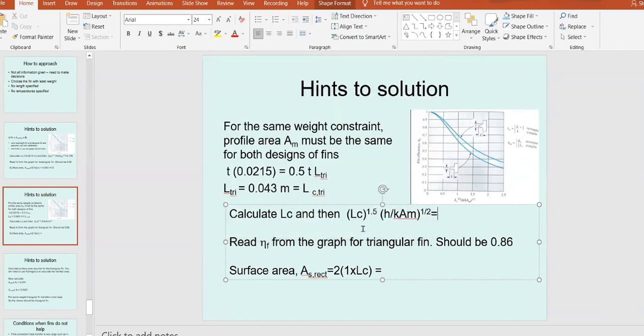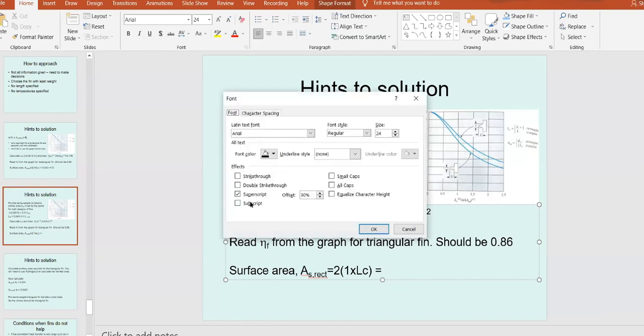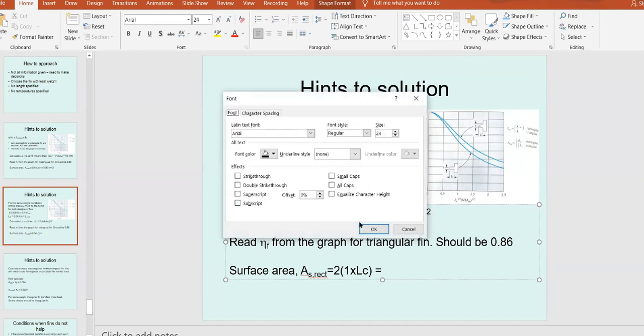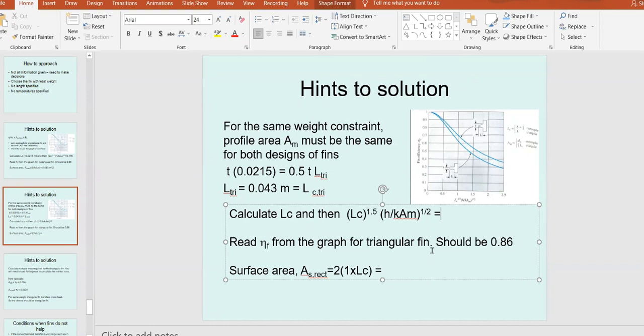What number we are getting? কত ভ্যালু আসছে এটার?